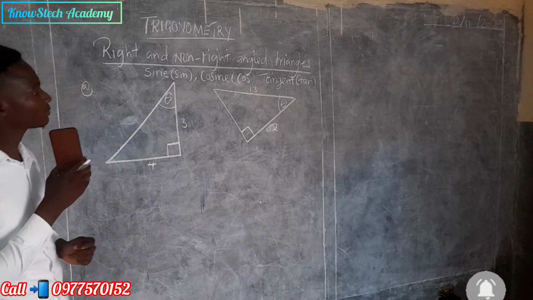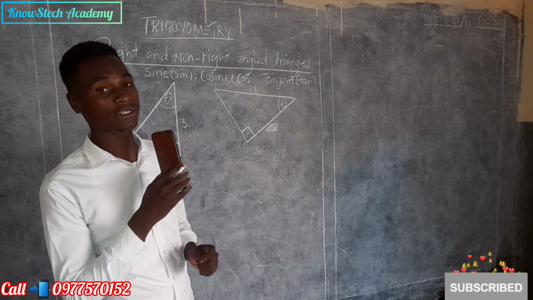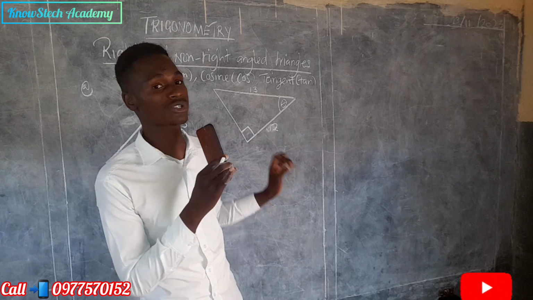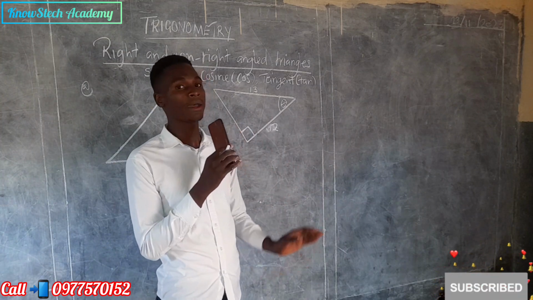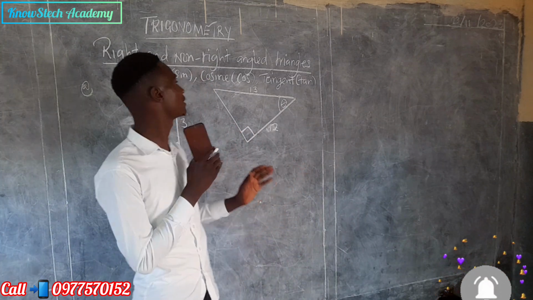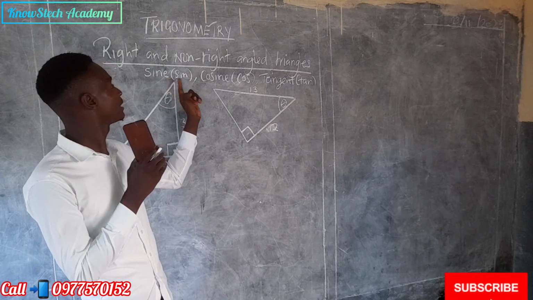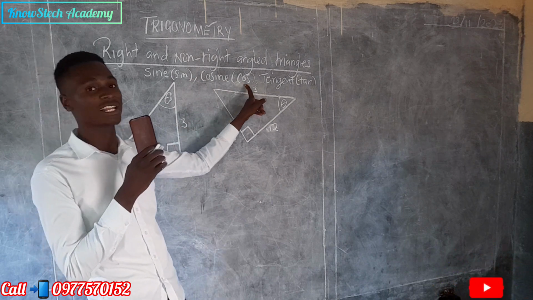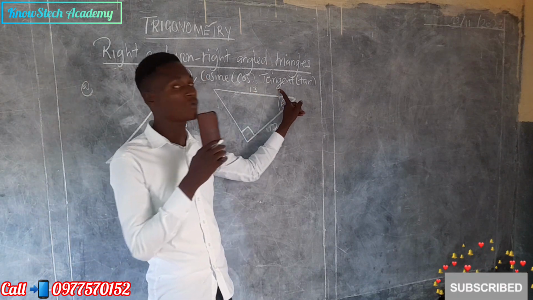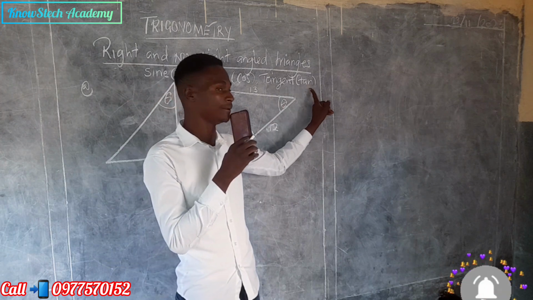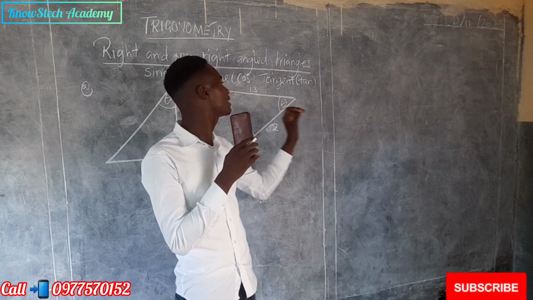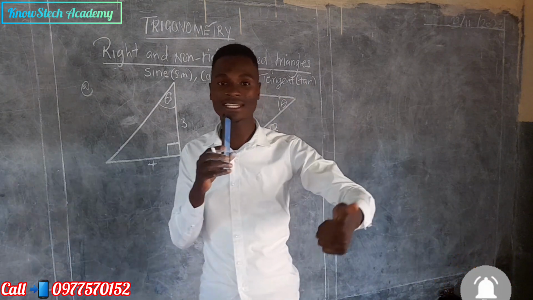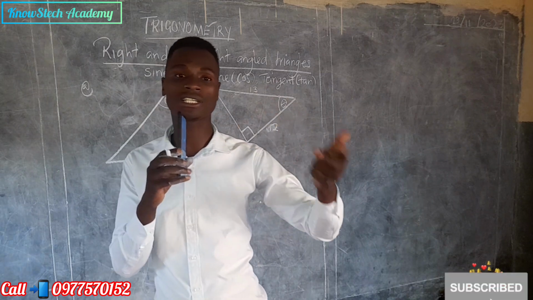Now, there are generally six functions when it comes to trigonometry. You have sine, abbreviated as sin. You have cosine, abbreviated as cos. You have tangent, abbreviated as tan. And then the other three are secant, cosecant, and cotangent.